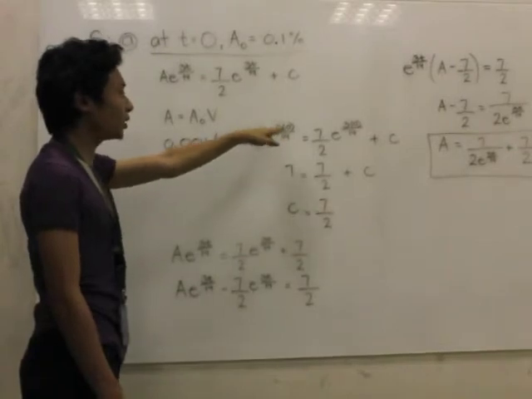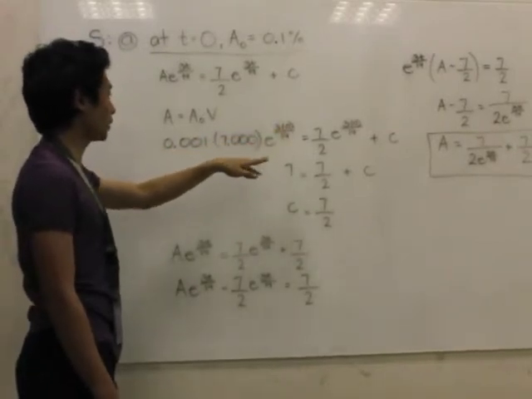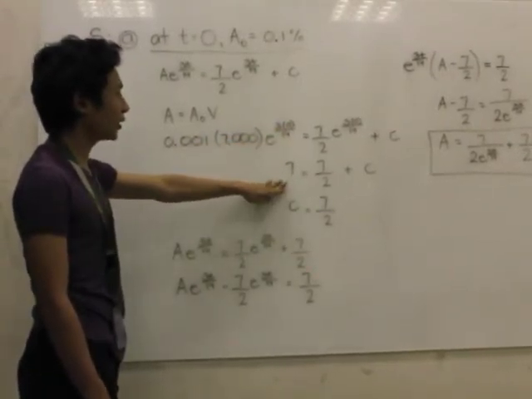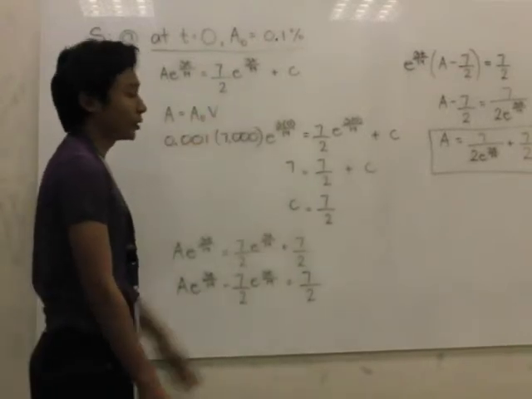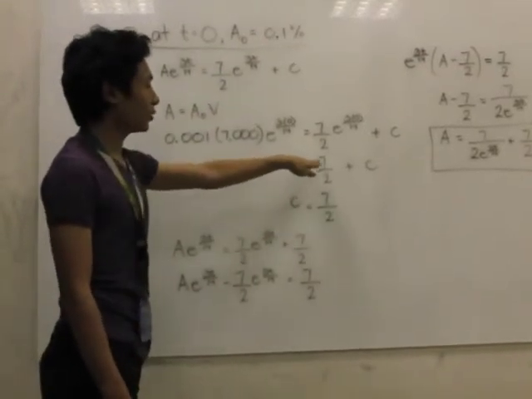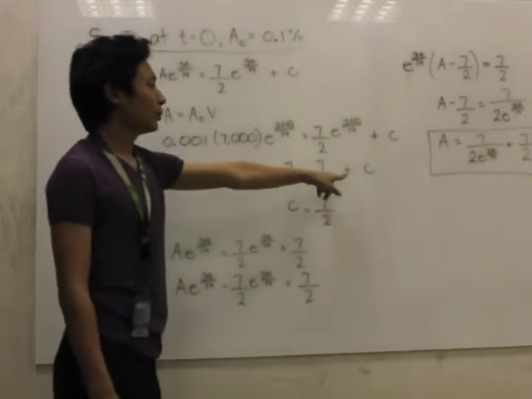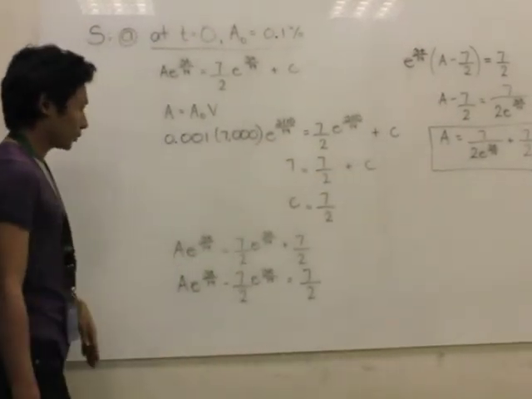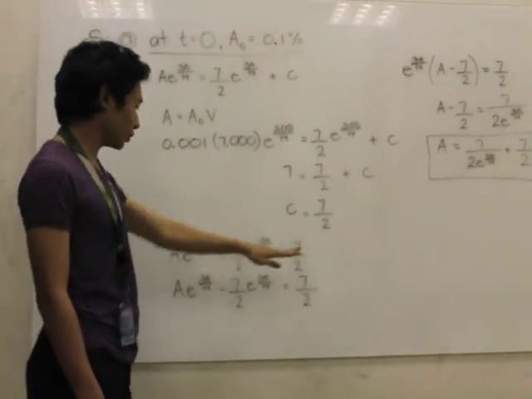E raised to 0 will become 1, so we'll have 7 here, and then 7 equals 7 over 2 plus c, and so we'll have c equals 7 over 2.